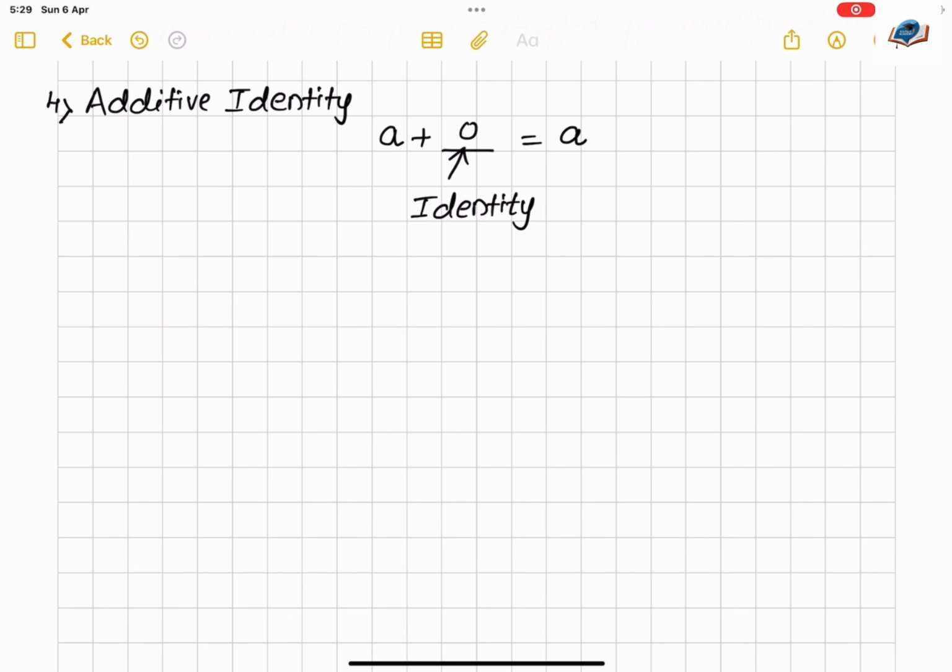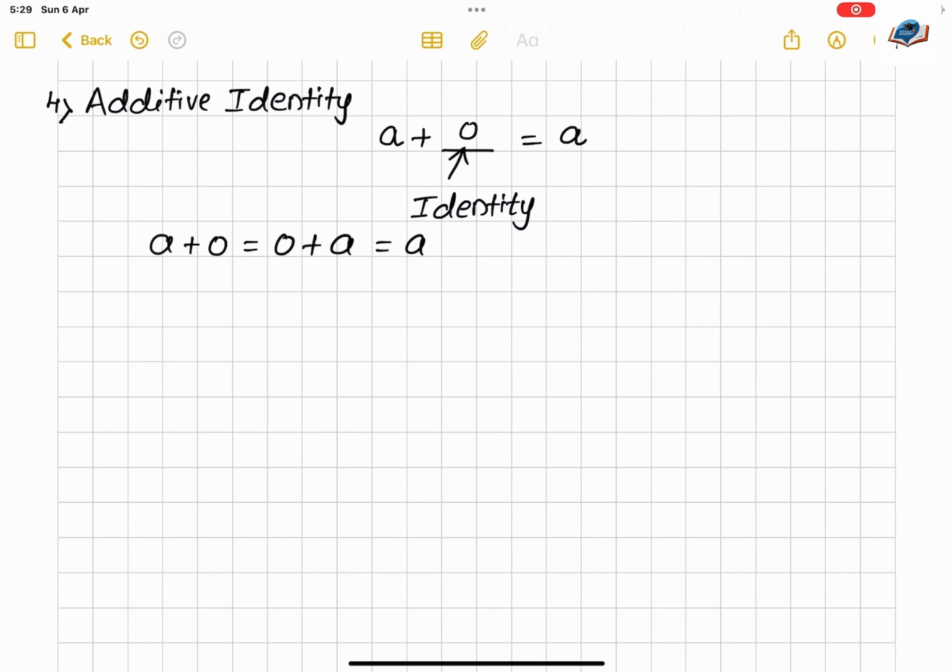It will be 0 because when I add 0 to any number, I will get the same number. So I can say A plus 0 equal to 0 plus A, which is always equal to A. So 0 is my identity for addition.